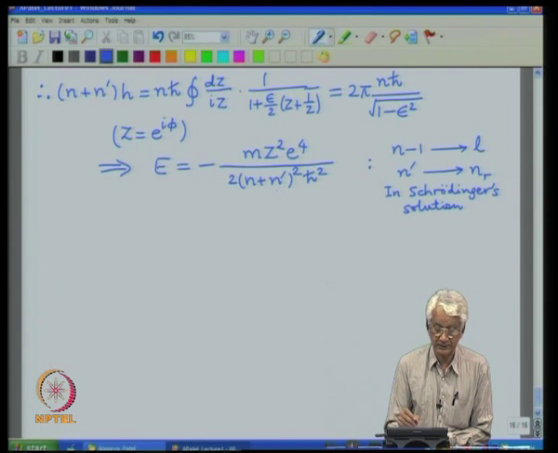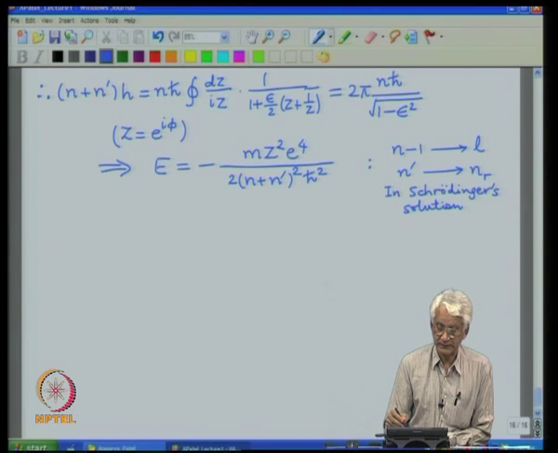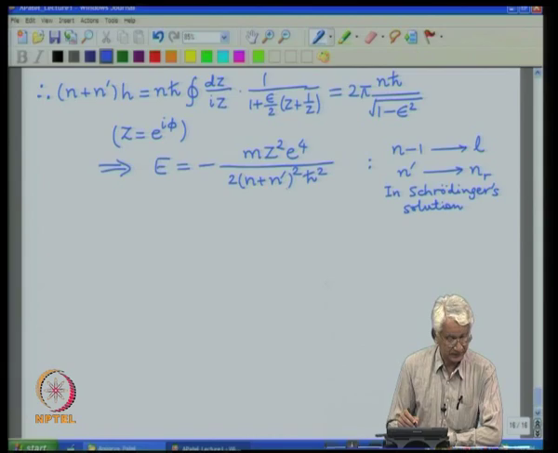When the sum of them is the same, they will have the same energy, and since n prime will have values starting from 0 up to some level, the values of n will be correspondingly restricted to its maximum value, which is specified by the total sum. So, this is Sommerfeld's first result.